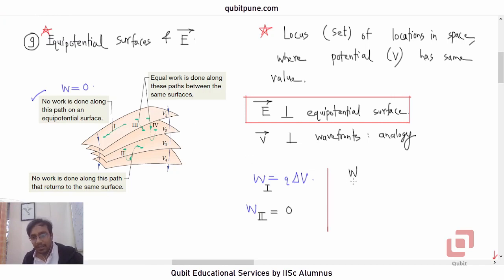So W3 and W4, they both are the same. Why? Because both of them will be equal to Q times V2 minus V1. Work along the fourth path is (V2 minus V1) into Q, and work along the third one is also Q into (V2 minus V1).